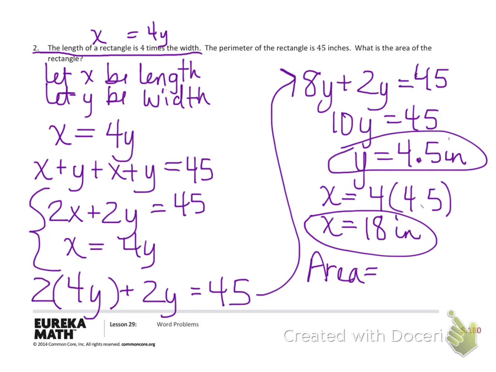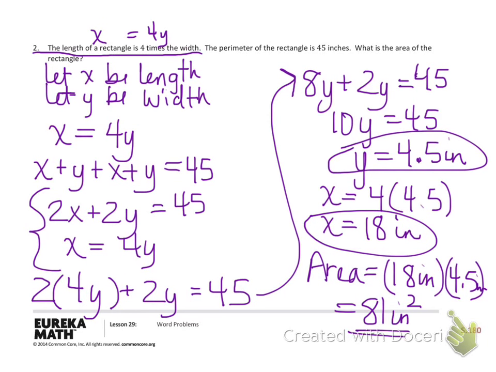That's going to be 18 inches times 4.5 inches. 18 times 4.5 is 81. Inches times inches is inches squared. So the area of that rectangle is 81 inches squared.